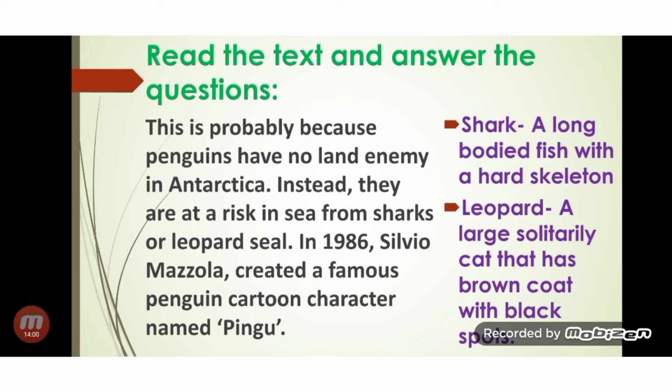On the other hand, they are at risk from whom? Shark or leopard. Shark means a long-bodied fish with a hard skeleton, and leopard is a large solitary cat that has a brown coat with black spots.